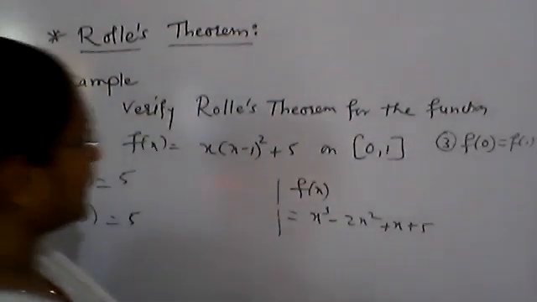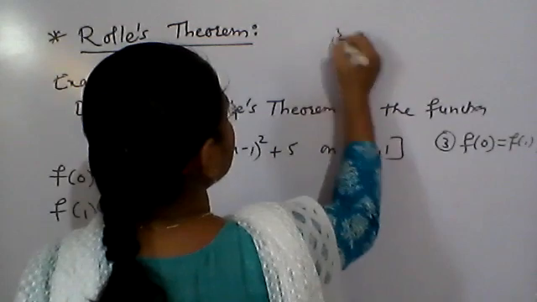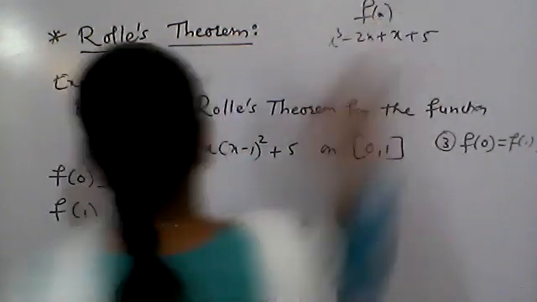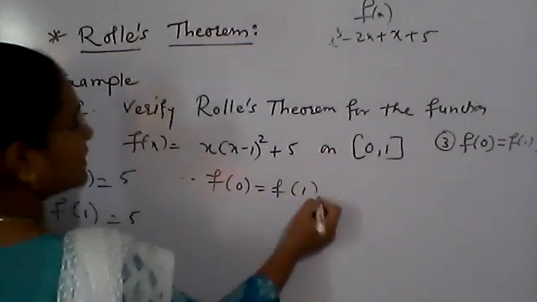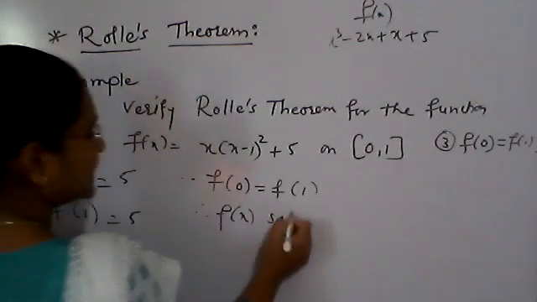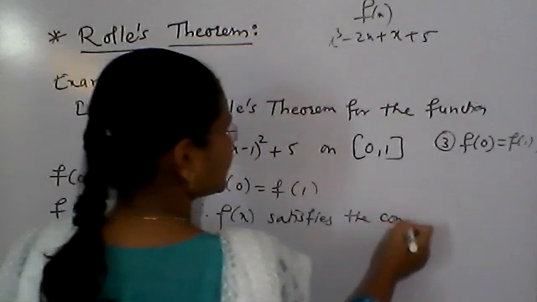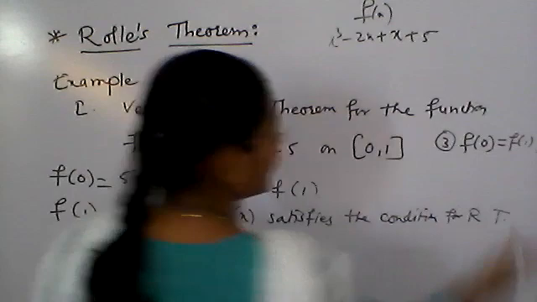So here we have x cube minus 2x square plus x plus 5. Now, therefore, f of 0 equals f of 1. Therefore, f of x satisfies the conditions for Rolle's theorem.